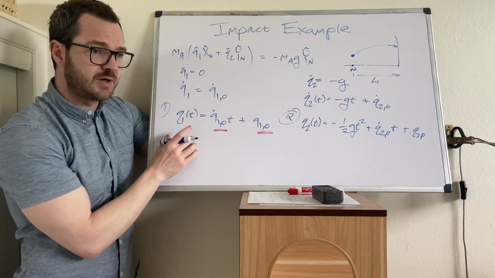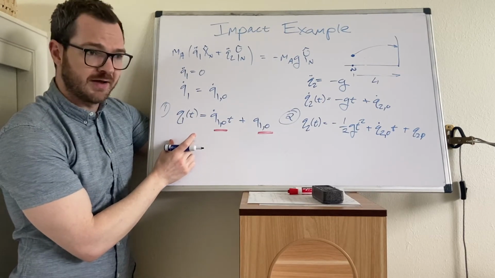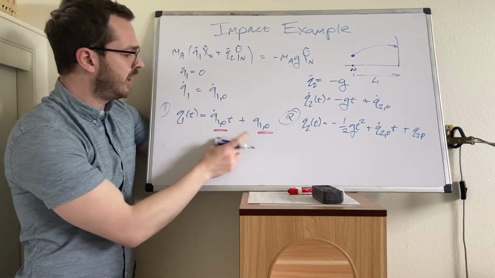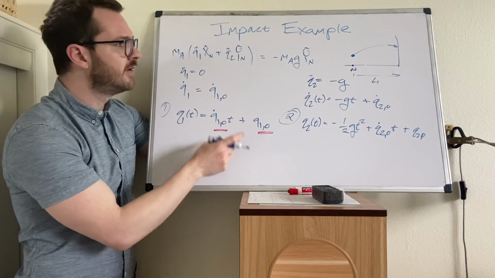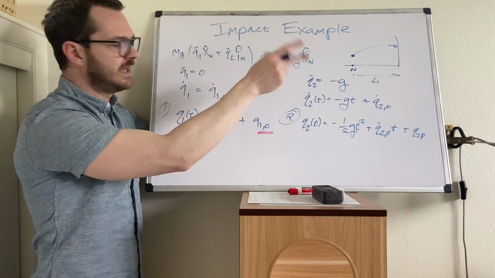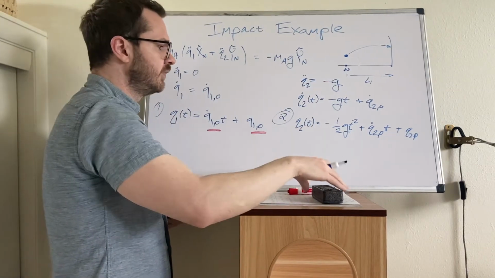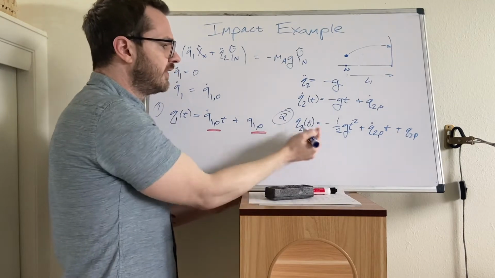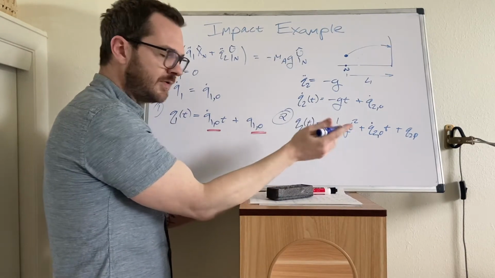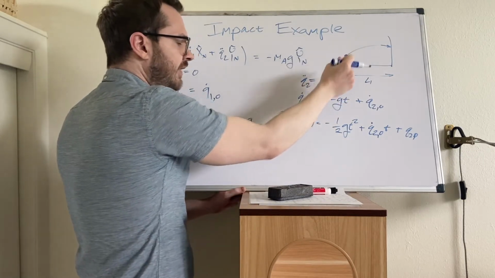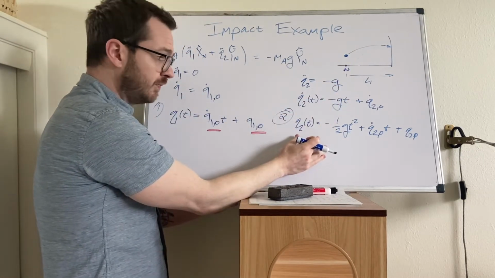You could take equation number 1 and put an L1 on the left side, and then you can solve for the amount of time. So this is how much time it takes for the ball to travel through the space and to hit the wall. Similarly, we could take equation number 2, and we could say, all right, is it going to hit the ground? Well, take the left side, and if it's hitting the ground, that means the value of q2 is 0.